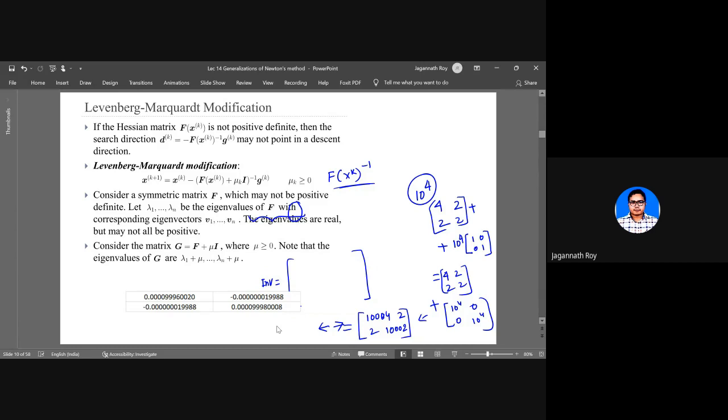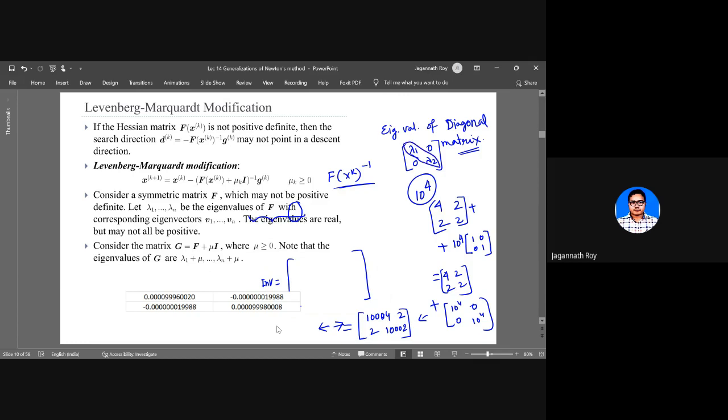Now, if you remember the eigenvalues of a diagonal matrix, lambda 1 0 0 lambda 2, the eigenvalues are nothing but the diagonal elements.